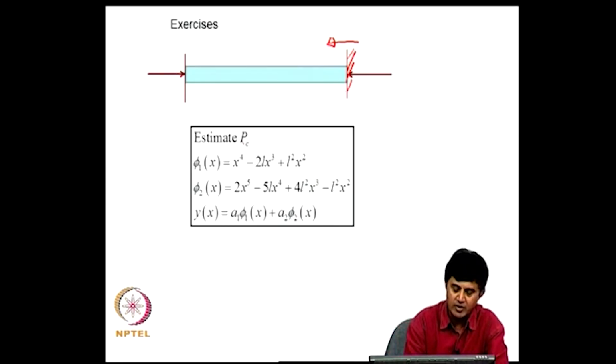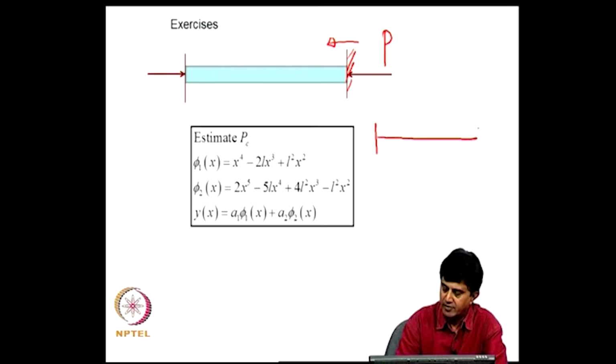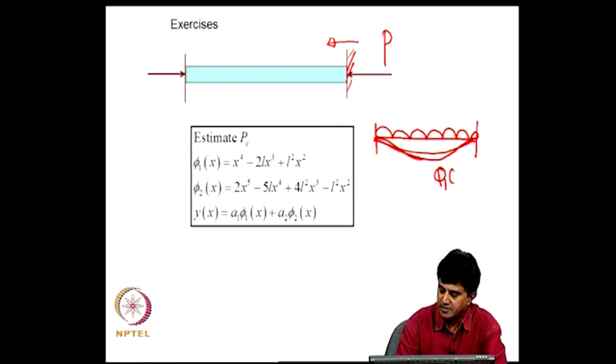Now, how do we estimate? The problem here is to estimate P C, the critical value of this P, by using two trial functions in Galerkin's method. The way these two trial functions are derived is, in one case I apply a UDL and find the solution; this is phi 1 of x.